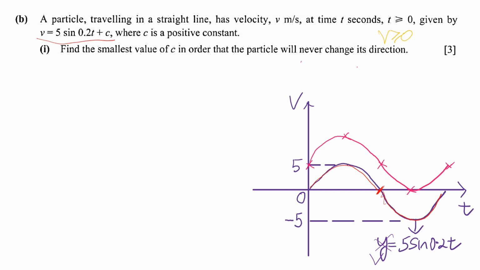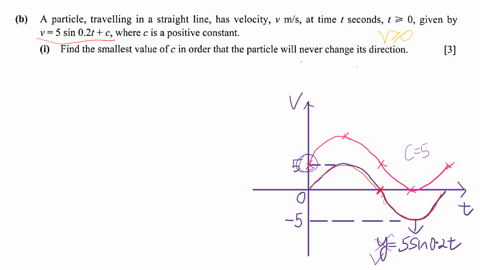Of course my curve can go further up and up, but the minimum value of c will be this value here, which is equal to 5. Basically, c is your v-intercept value when t equals 0. When you let t equal 0, sine 0 will be 0, right? So c is just your v-intercept value.